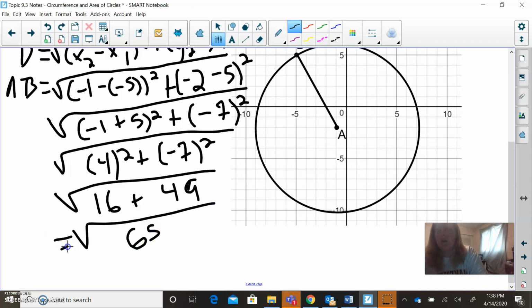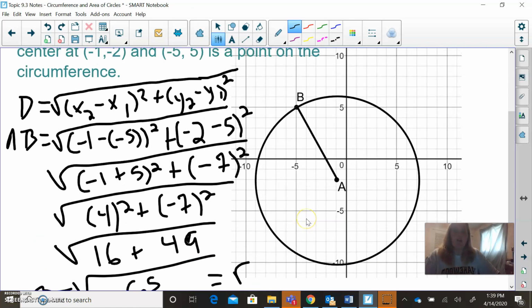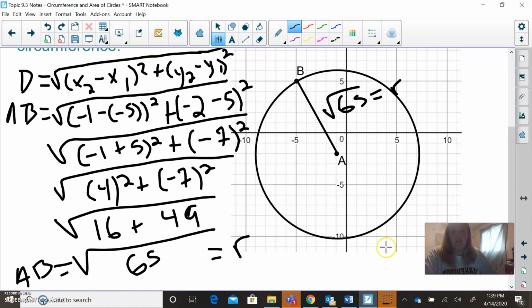So AB is equal to the square root of 65. That means our radius is the square root of 65, so the square root of 65 equals r. Okay, guys?